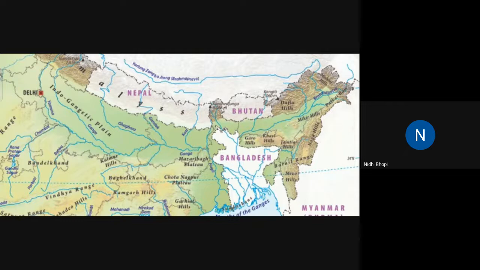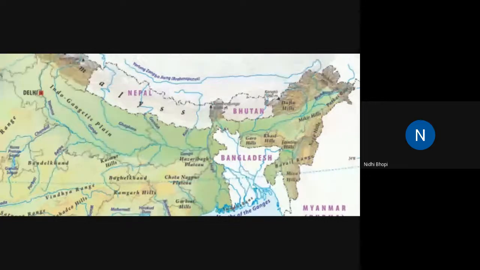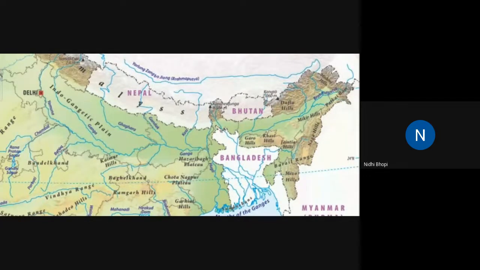in this part, we have the heavy rainfall region. On the entire earth, these two places, Cherrapunji and Mausinram, in Assam, on the border of Assam and Arunachal Pradesh, receive the highest rainfall in the world, 14,000 millimeters.